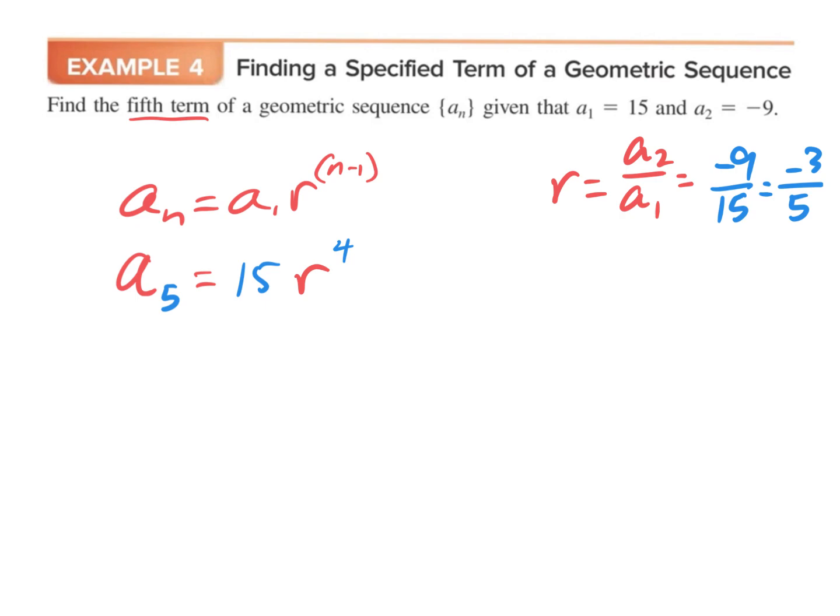So this is where you're going to definitely want to use a calculator. I don't think you're going to want to do negative 3/5 to the fourth power in your head. I guess you could, but I wouldn't. So this is a sub 5 equals 15 times negative 3/5, and I put that all in parentheses to the fourth power. Now I would enter this all in the calculator just like that.